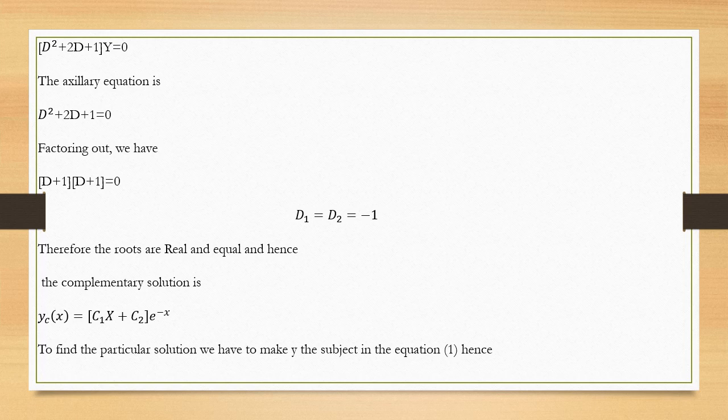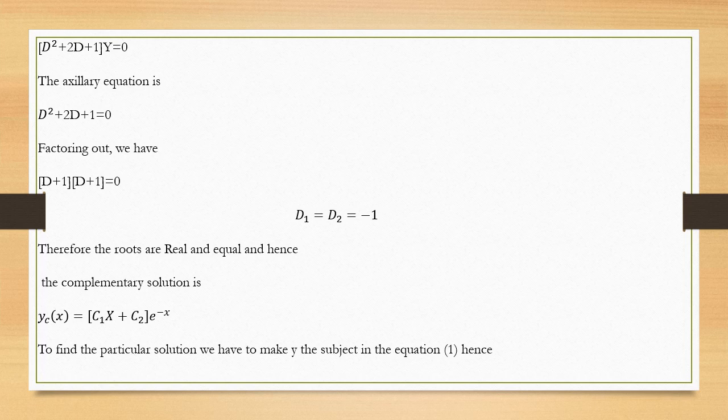We have (D plus 1) squared, or rather (D plus 1)(D plus 1) is equal to 0, giving us the roots D1 equals D2 equals -1, and therefore the roots are real and equal.